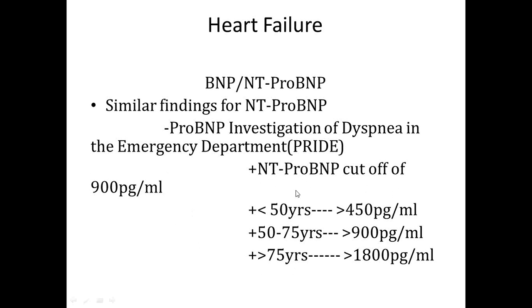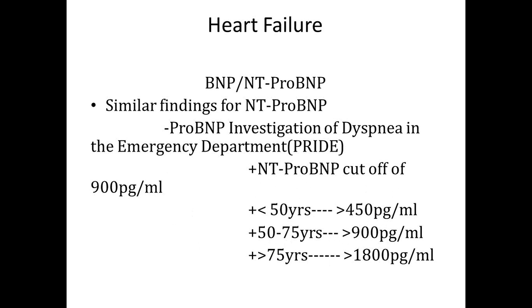You can further age classify it. The cutoff for someone who is less than age 50 is about 450 picograms per ml, and for someone 50 to 75, that's about 900. But you can see that for patients who are older, the cutoff is much higher.